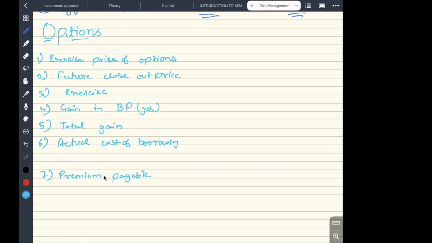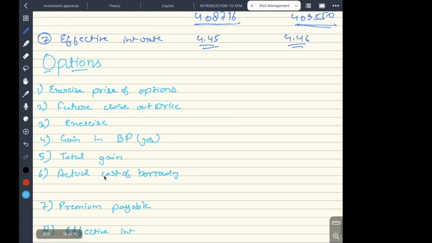Okay. And step number 8, again you have to solve for the effective interest rate. Effective interest.